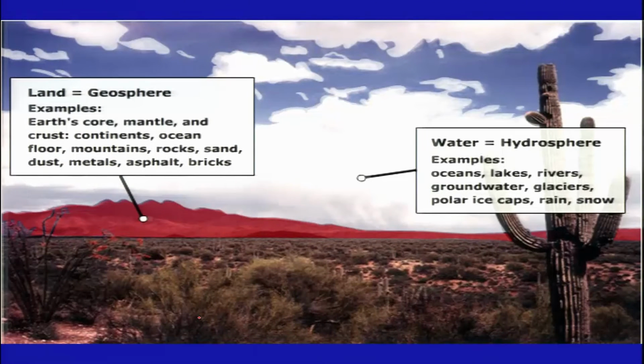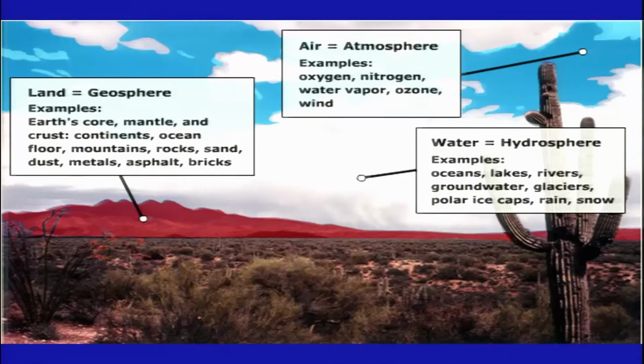Then we have the hydrosphere. The examples are oceans, lakes, rivers, groundwater, glaciers, polar ice caps, rain and snow. Then we have the atmosphere, where we talk mostly about the gases: oxygen, nitrogen, water vapor, ozone, and of course the air or the wind.